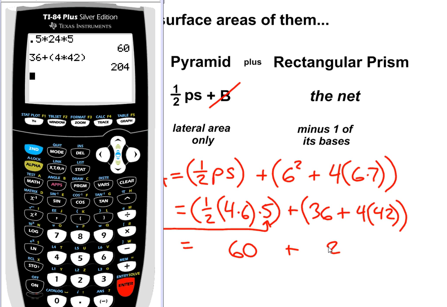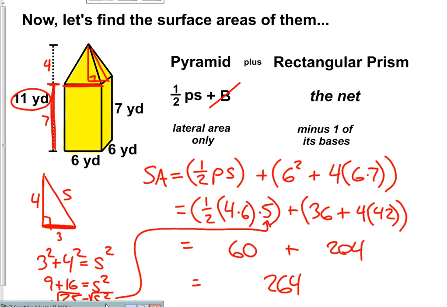And I get 204. So we have 60 units on the lateral surface area of the pyramid, and 204 units on the prism, everything except for one of the bases. That makes our calculation 264, and then whatever the units are, which were yards in this case. Remember, surface area is second dimensional.